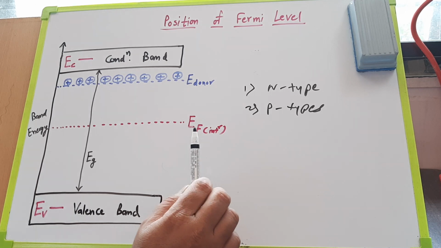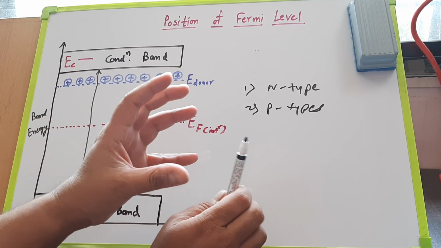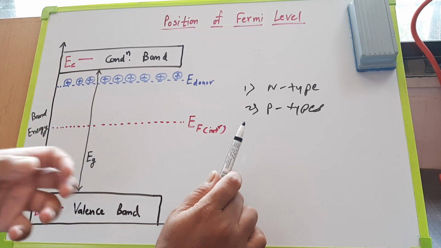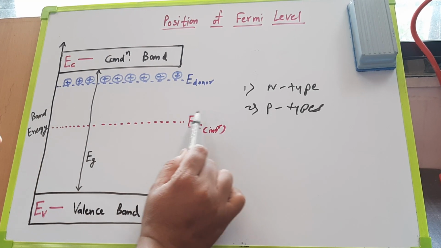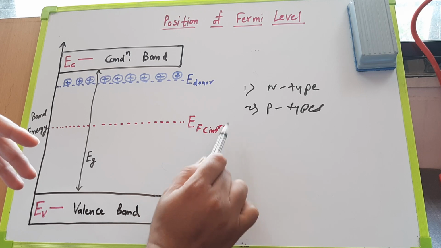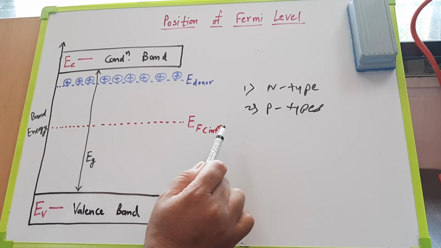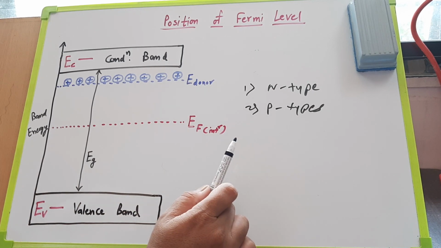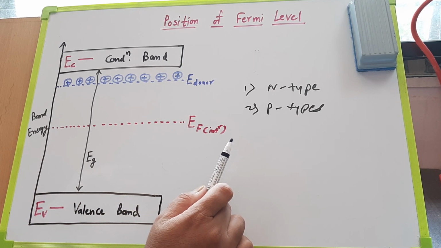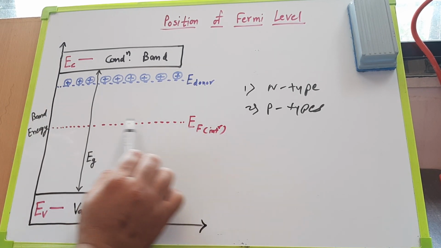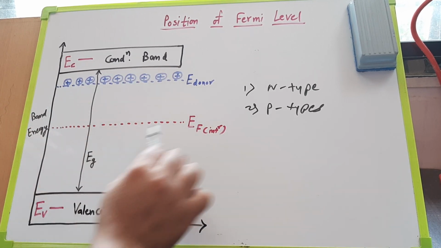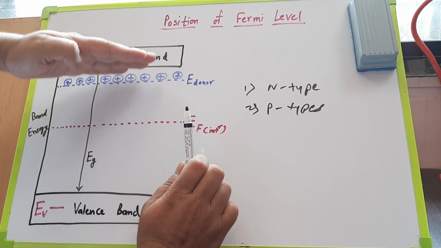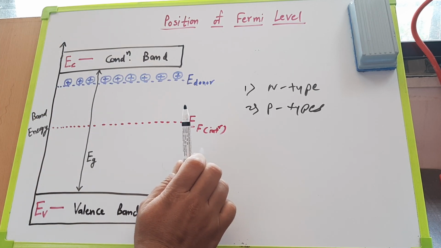You can imagine it this way: there is a pure semiconductor, the Fermi energy is this. When you add some impurity, for example you have 1000 intrinsic semiconductor atoms and you add 10 donor electrons, because of those 10 the overall Fermi energy, as we talked about, is like a weighted mean or center of gravity.